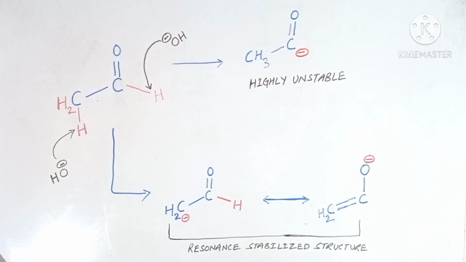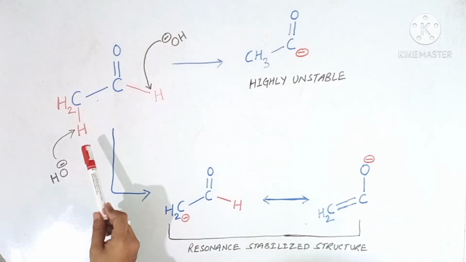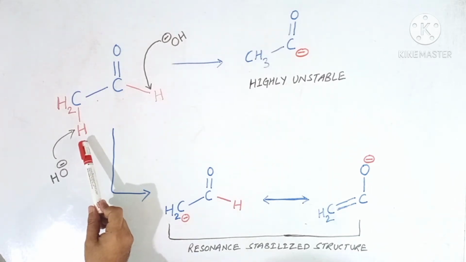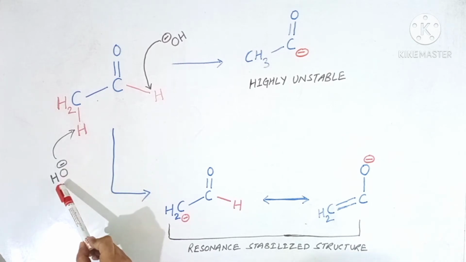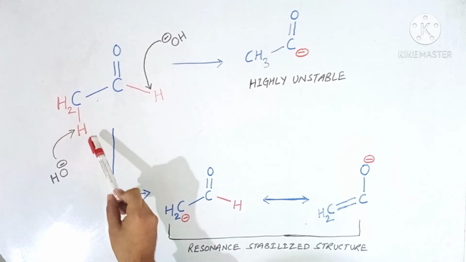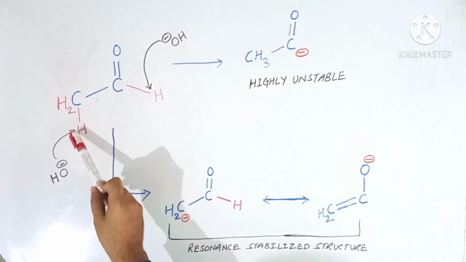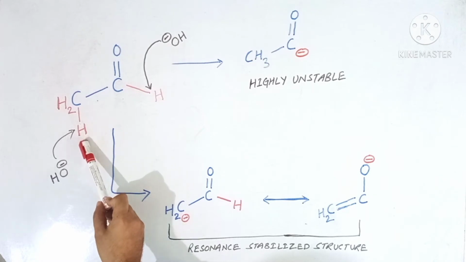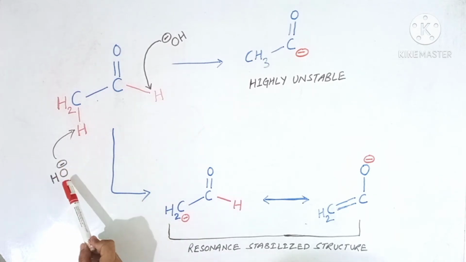Now, to answer this question, let's go deep into the mechanism. First, if this proton has to react with the base, because if we consider this proton as highly acidic, then it can readily react with the base.